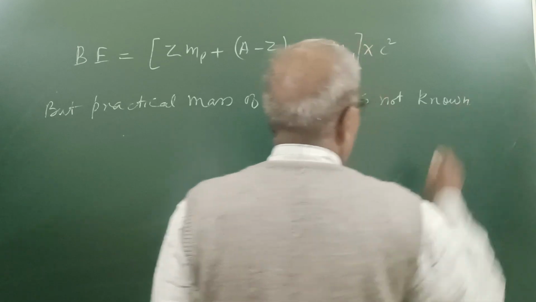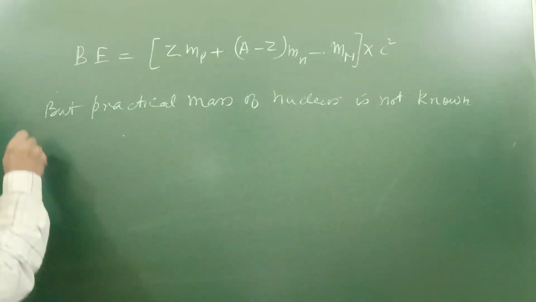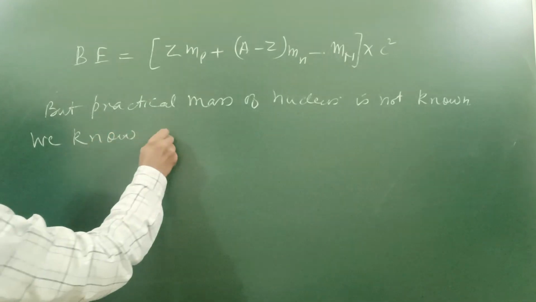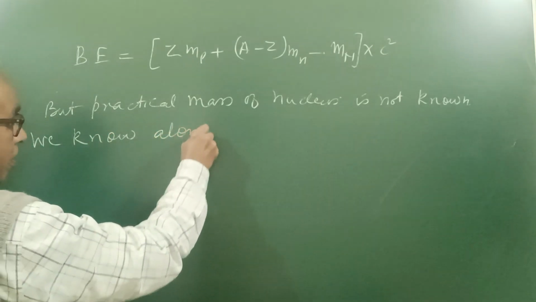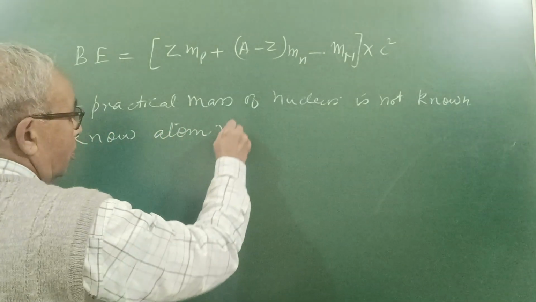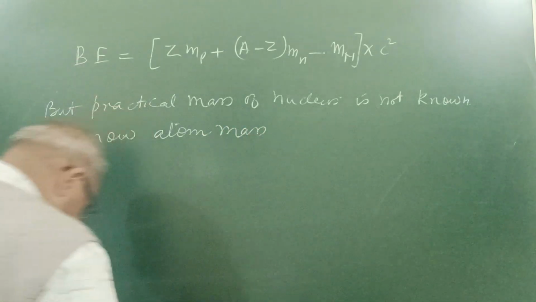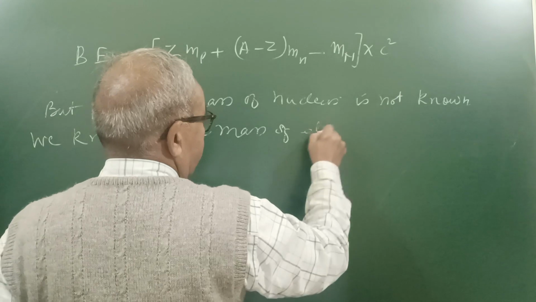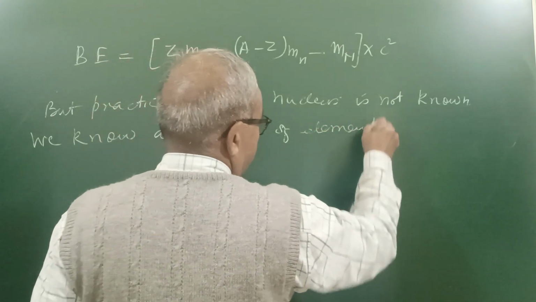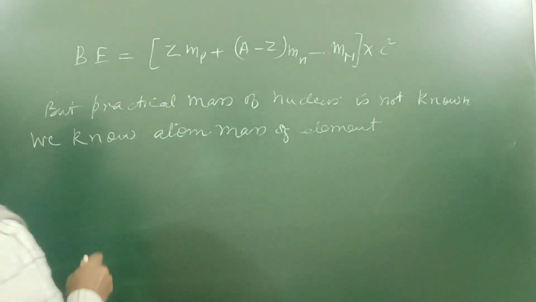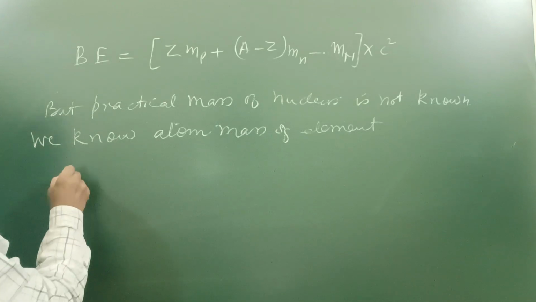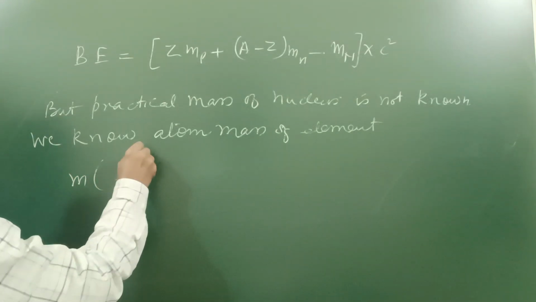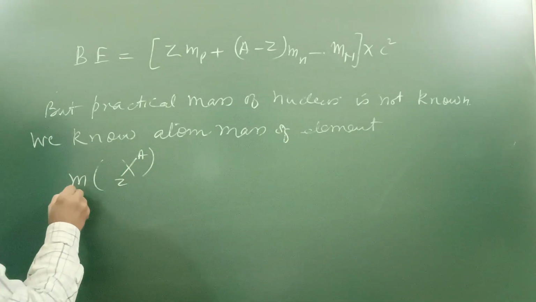What we know are atomic masses. Atomic mass of an element, that is M of Z X A, is called atomic mass.